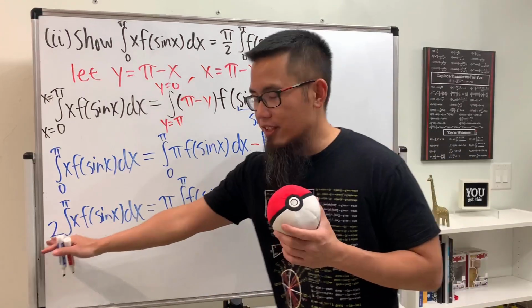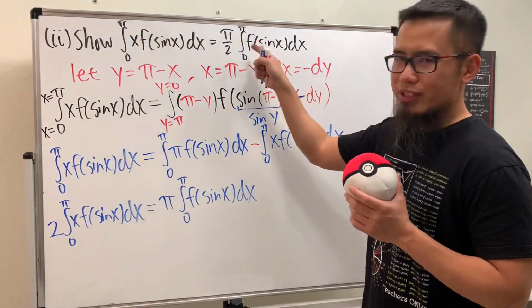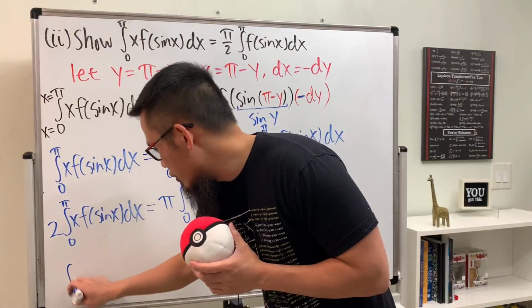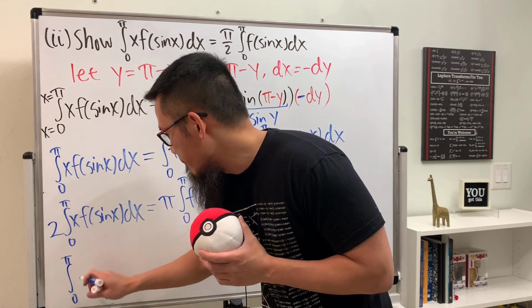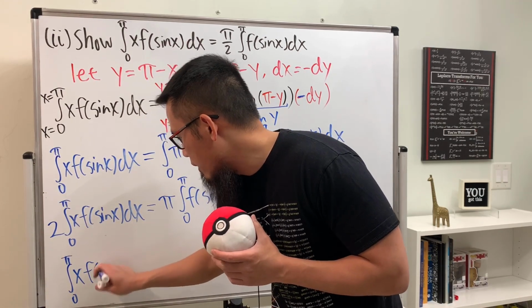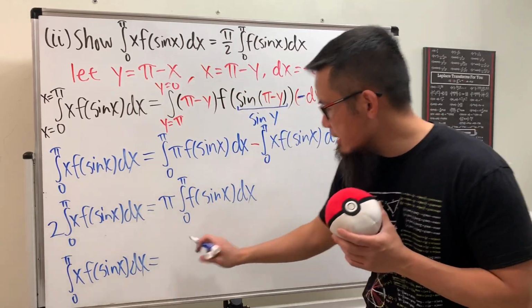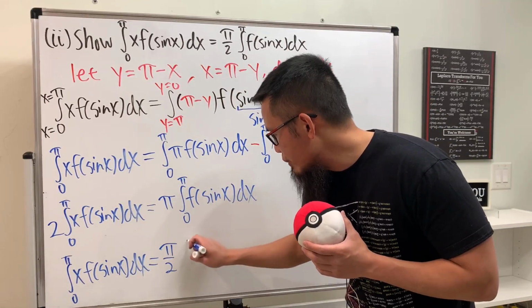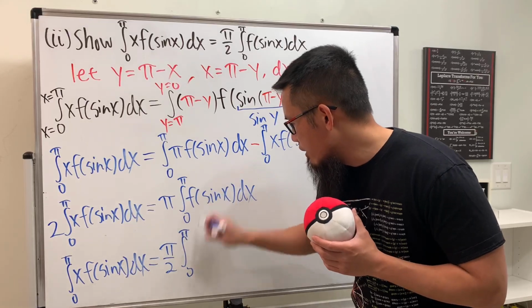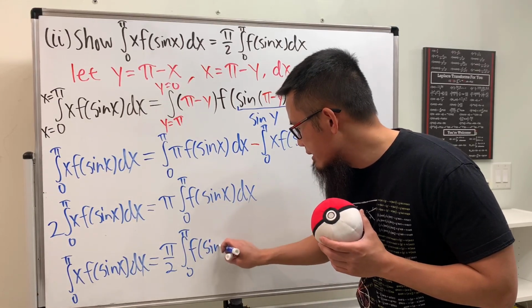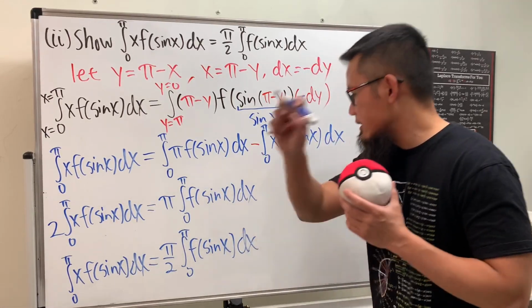Lastly, we can just divide the 2 on both sides and we will end up with that. Very nice. So ladies and gentlemen, the integral from 0 to pi, if we have x times f of sine x dx, this right here is nicely equal to pi over 2 times the integral from 0 to pi of f of sine x dx.